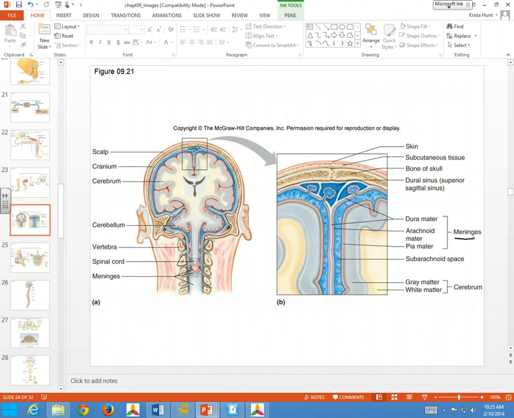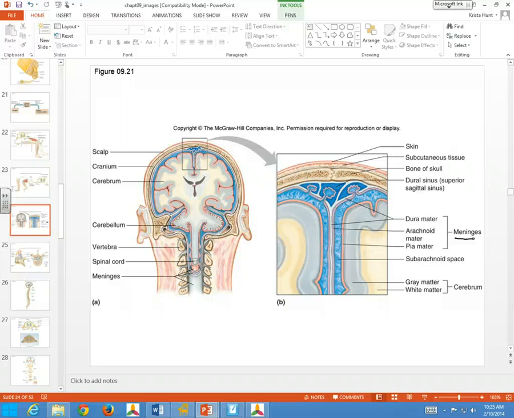So here's my meninges. Dura is the white, arachnoid is the purplish, and pia is the red. So the most superficial is which? The dura, absolutely. And then you have the arachnoid, and it's that space beneath the arachnoid, between the arachnoid and the pia, that's where you get that blue cerebrospinal fluid.